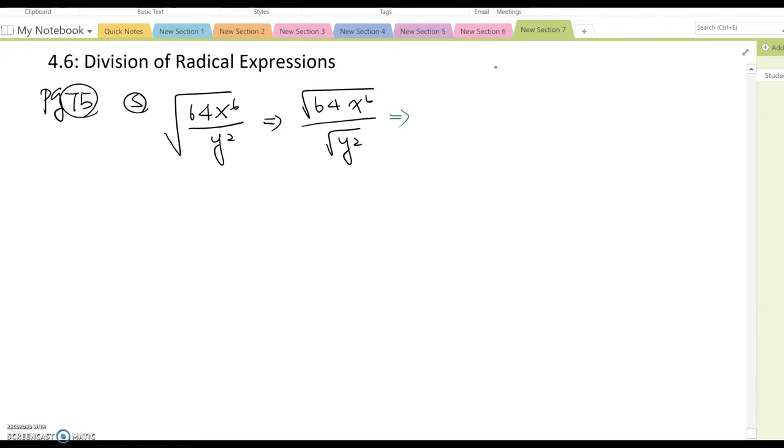As you see, root 64 means 8, and x^6 means x cubed, over y squared means y. So in this case, fortunately, everything is evenly simplified, so the answer becomes 8x cubed over y.